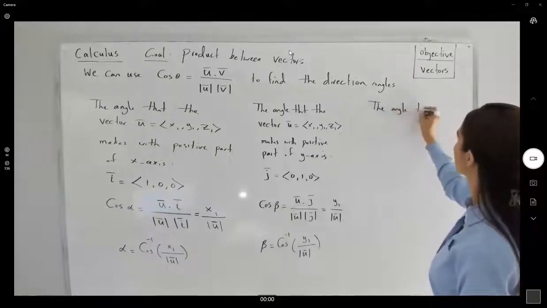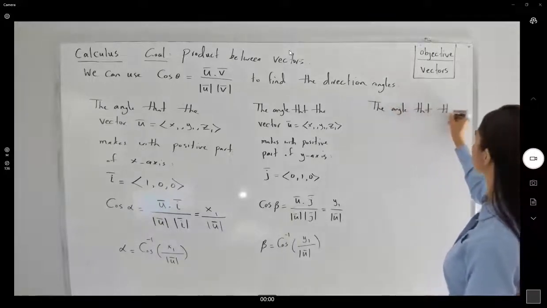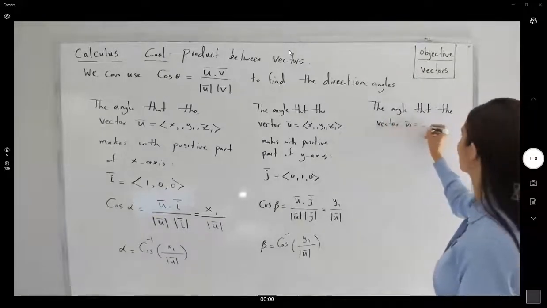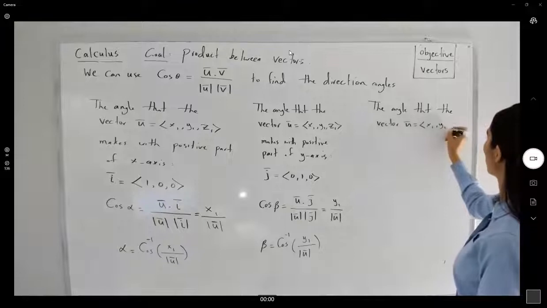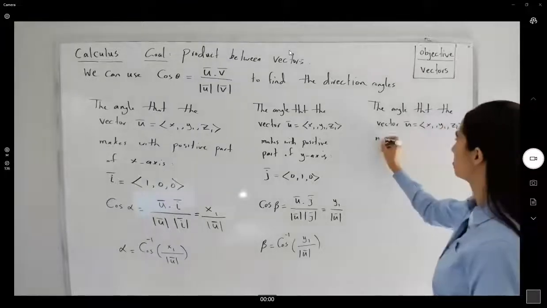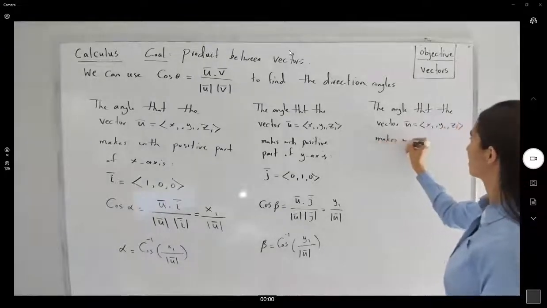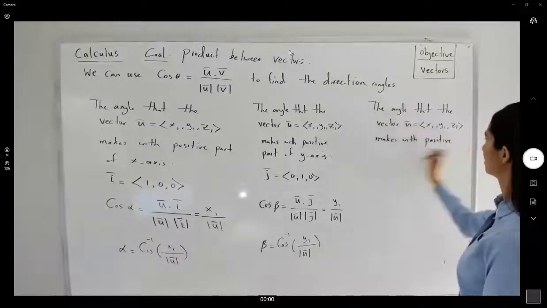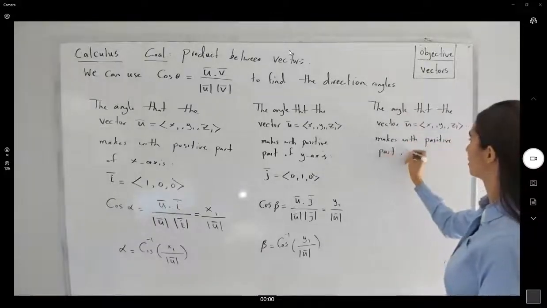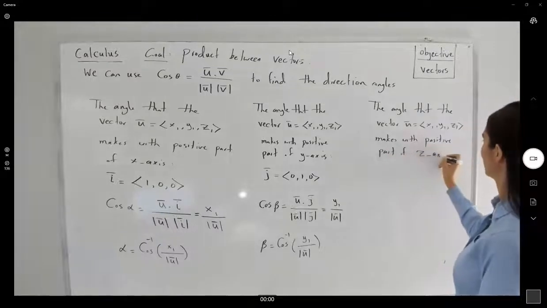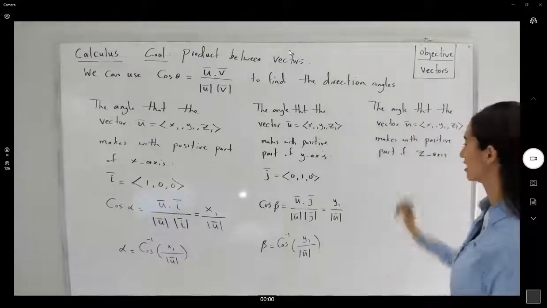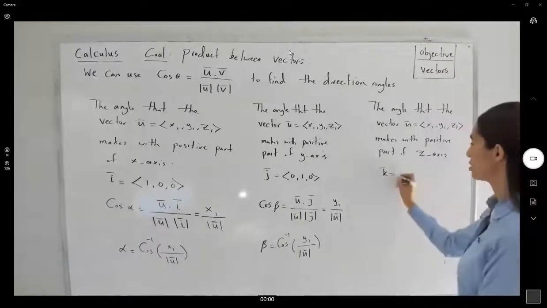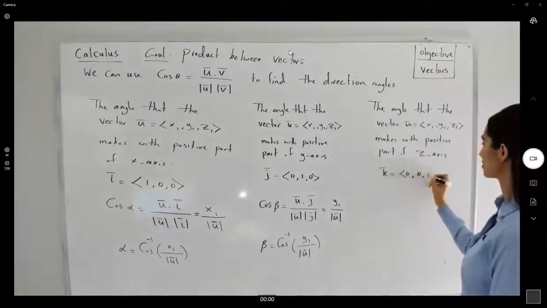The angle that the vector u, (x1, y1, z1), makes with the positive part of the z-axis. Well, let's use the nice representative that we have for the z-axis, which is vector k, (0, 0, 1).